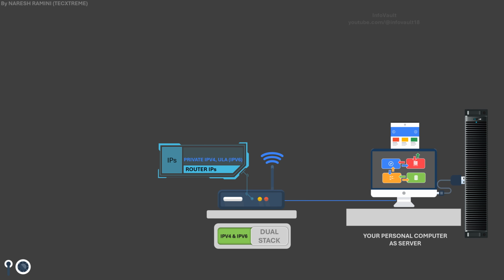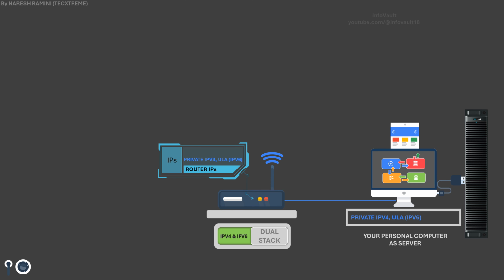IPv4. The router uses DHCP to assign a private IPv4 address to each device on its network. IPv6. The router uses either DHCPv6 or SLAAC, stateless address auto-configuration, to assign a unique local address, ULA, to each device on its network. ULAs are unique local IPv6 addresses.